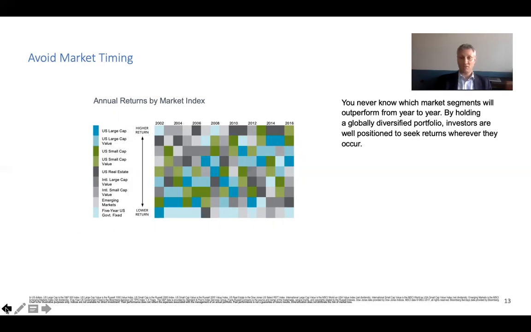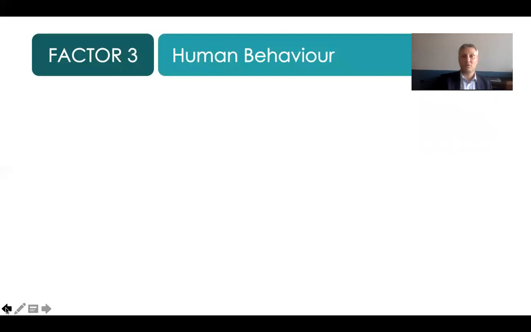You can see that it's just all over the place. There's no way you can predict what would happen to individual components over this period, which is 14 years. You just don't know. So just by being in it rather than trying to time it will probably make a big difference. And that is human behavior, which is factor number 3.